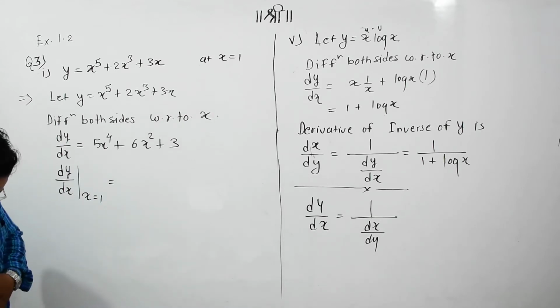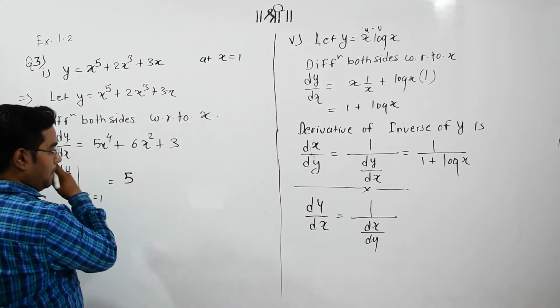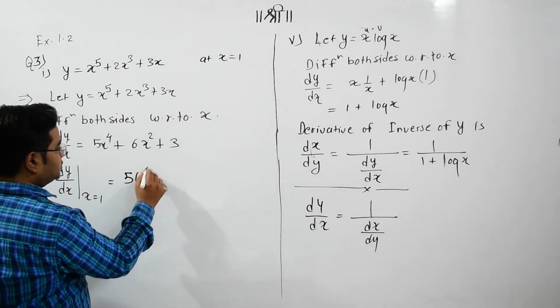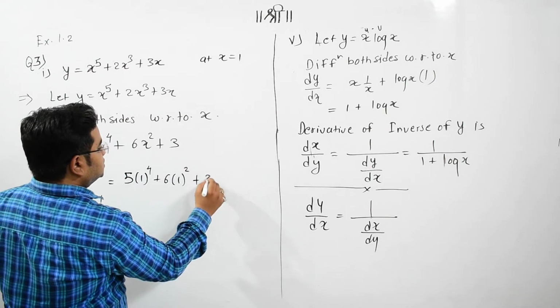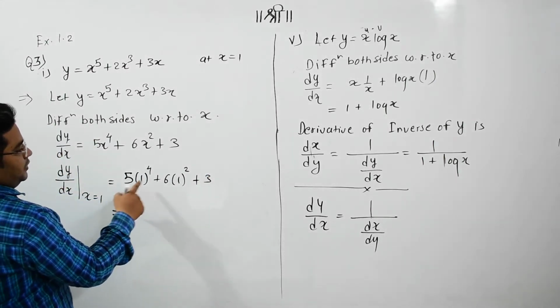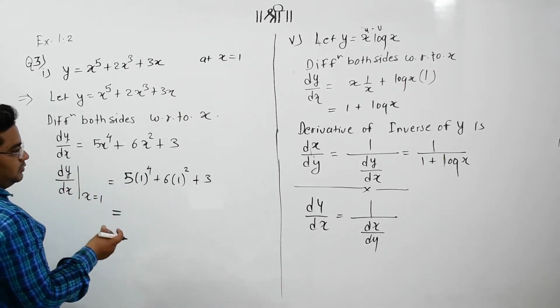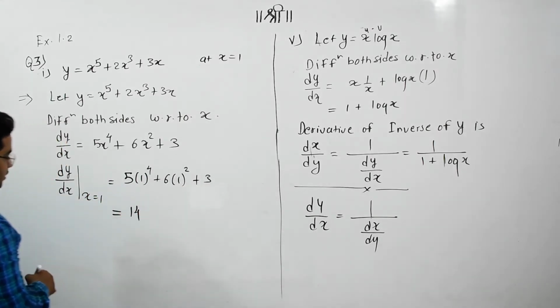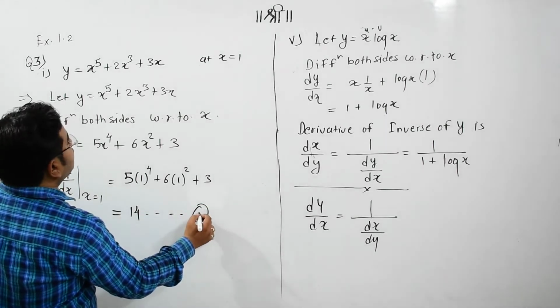So this is nothing but 5 into 1 raised to 4 plus 6 into 1 raised to 2 plus 3, nothing else. Which is 5 plus 6 plus 3. 5 plus 6 is 11, 11 plus 3 will be 14. Understood?